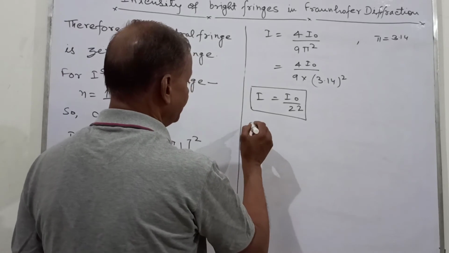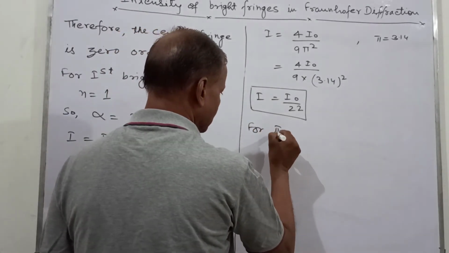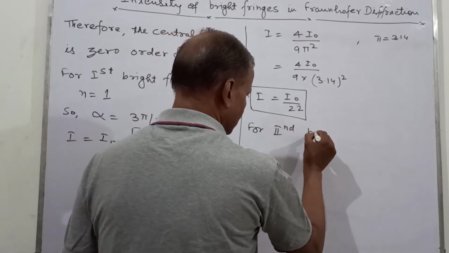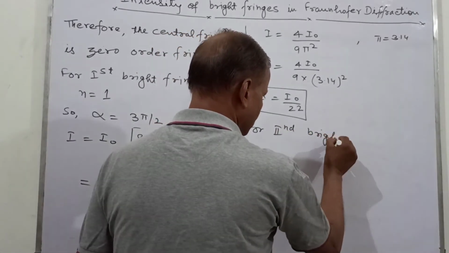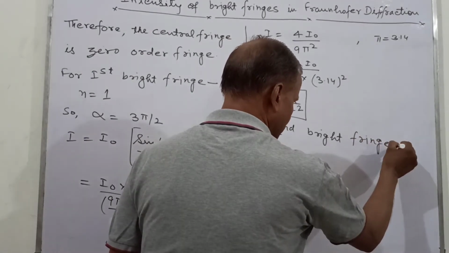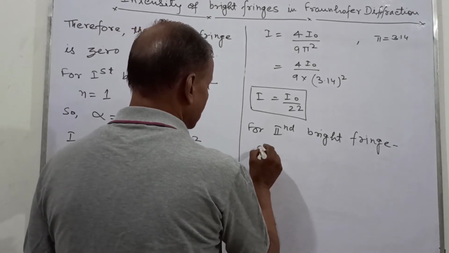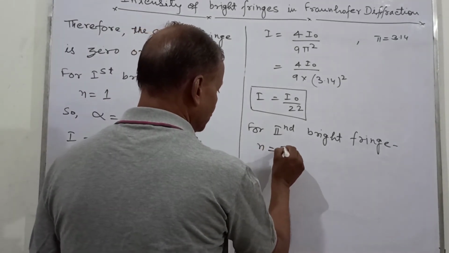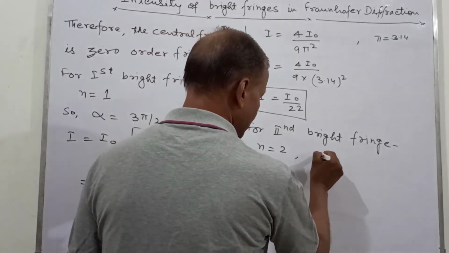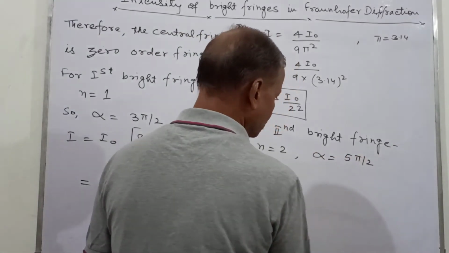For the second Bragg fringe, what we have now is n equal to 2, so this alpha is equal to 5 pi upon 2.